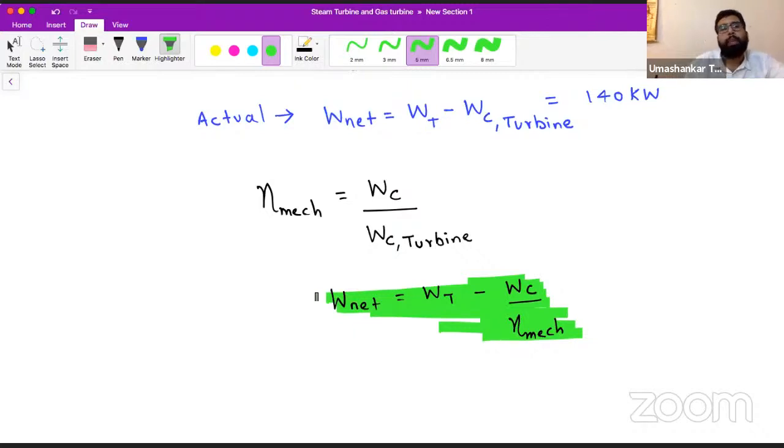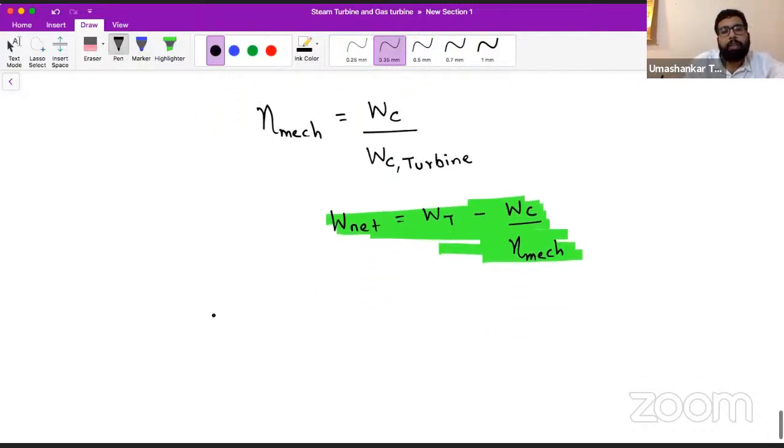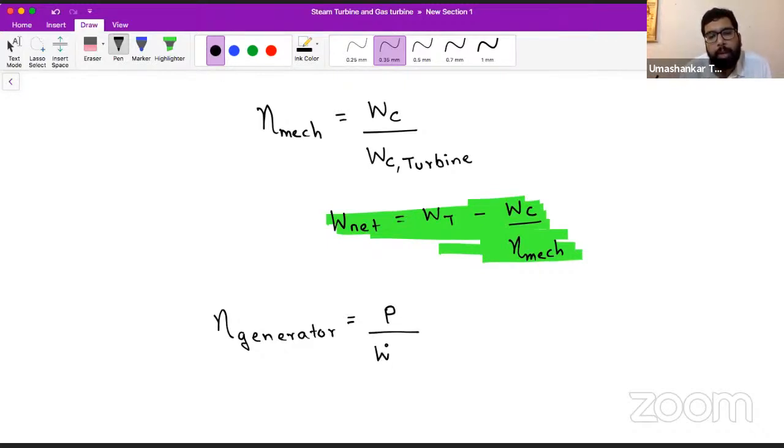If generator efficiency is also given, now you see, in the generator also there will be some losses. In the generator, this is the power created, and this is W net. Both units must be the same: if you are putting it into megawatt, you must put it into megawatt here too.